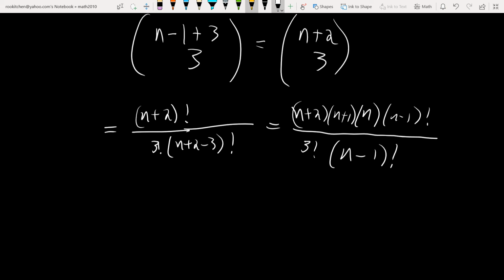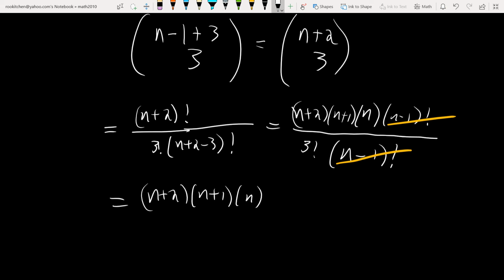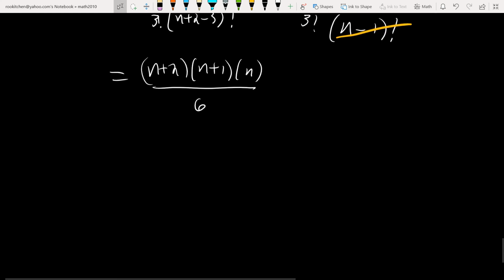And then you see there's a nice cancellation. Goodbye, goodbye. And we have this expression, n plus 2 times n plus 1 times n divided by 3 factorial, which is 6.